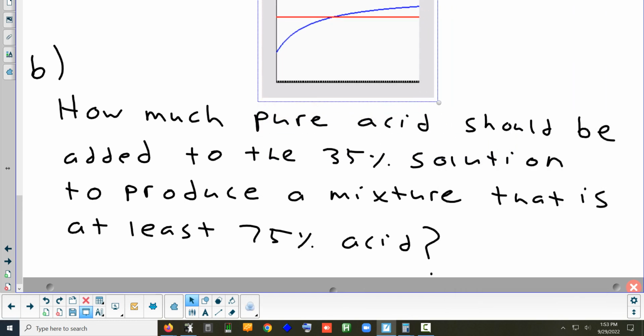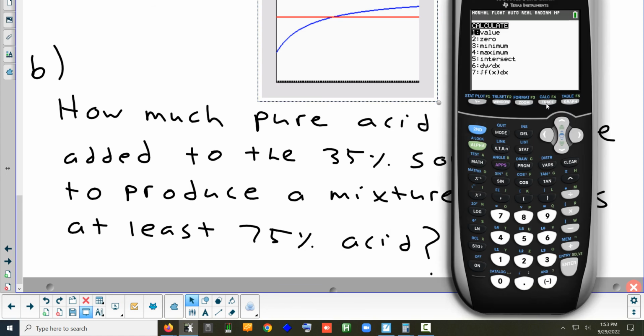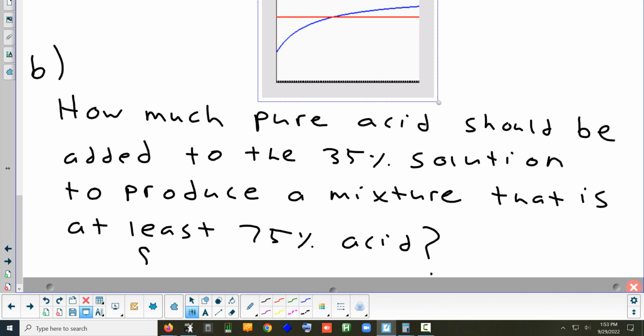And what do you think I have to find on that graph? The intersect. So if I add exactly 80 ounces to what I already have, it'll bring my solution up to a 75% mixture.